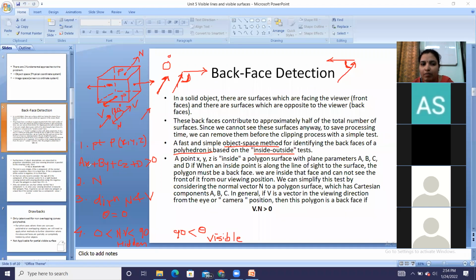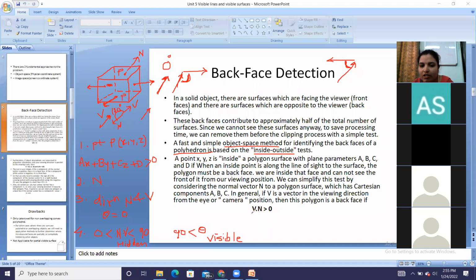We are checking by putting into this expression whether that point is lying on the polyhedron. If it is lying, then second step is we are drawing the normal. Once normal is with us, we are checking the angle between the viewing direction and the normal direction. If that angle is between 0 to 90, then the surface is hidden. If the angle is more than 90, then the surface will be visible. Okay, so that is done.